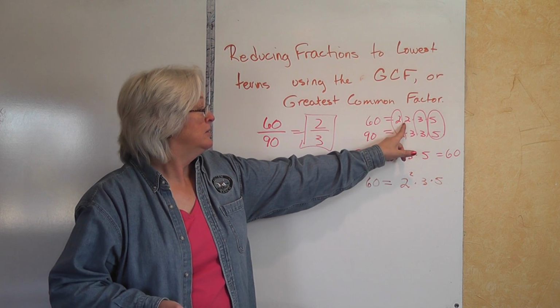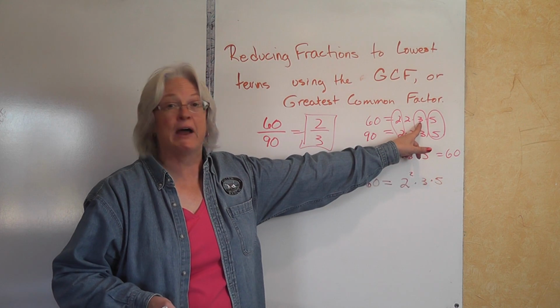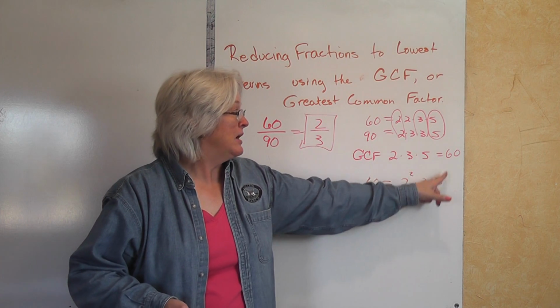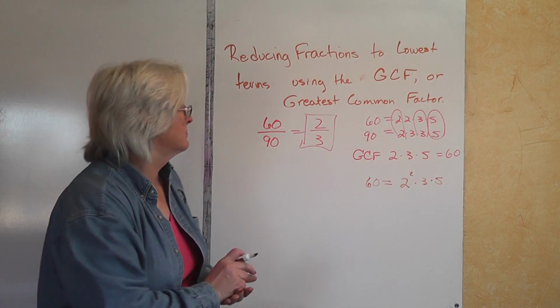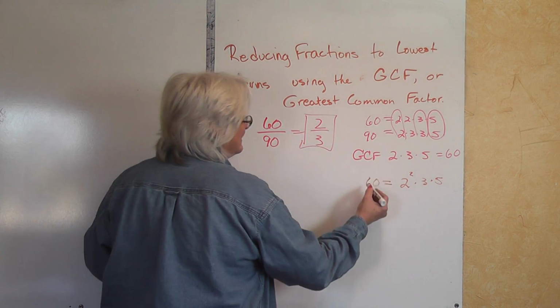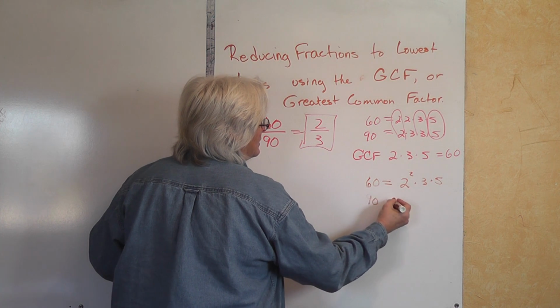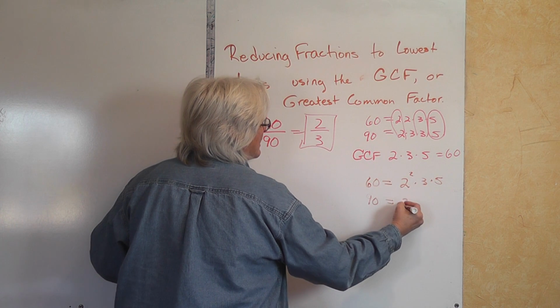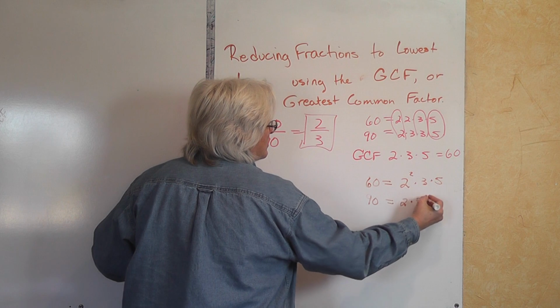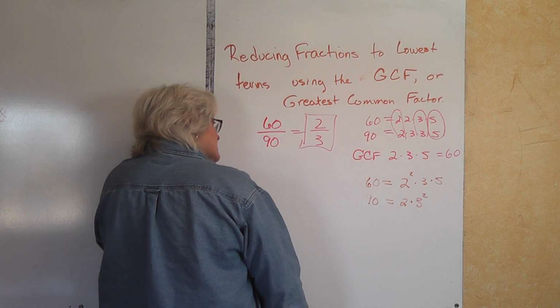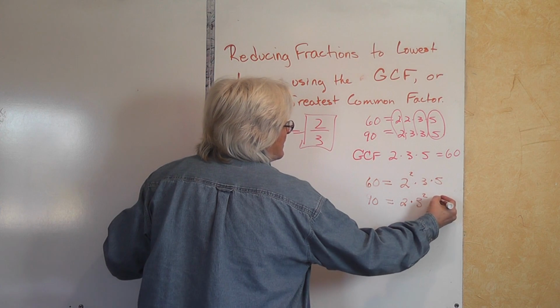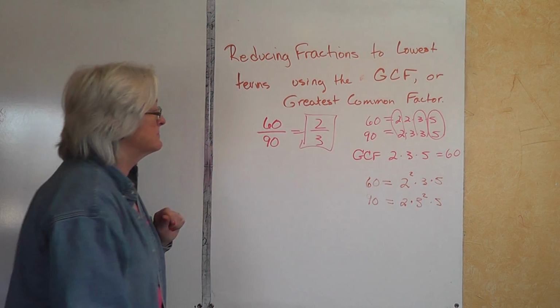Twice. 3 is used as a factor once. 5 is used as a factor once. And what is 90? 90, 2 is used as a factor once. 3 is used as a factor twice. 5 is used as a factor once.